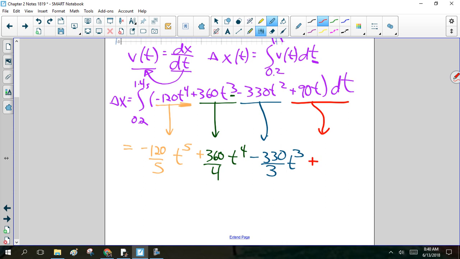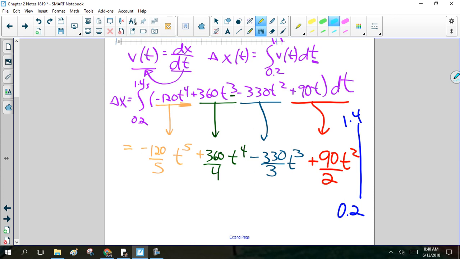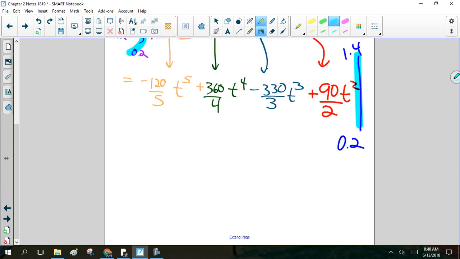Plus t squared, 90 over 2, right? So there's my integral, and then we need to evaluate between 0.2 and 1.4. Okay, notice I changed my integral to an evaluate.